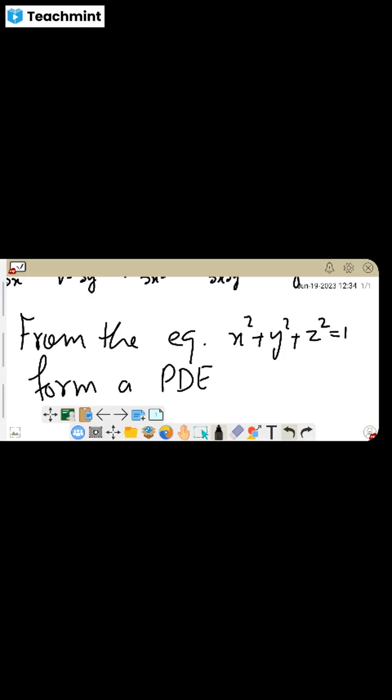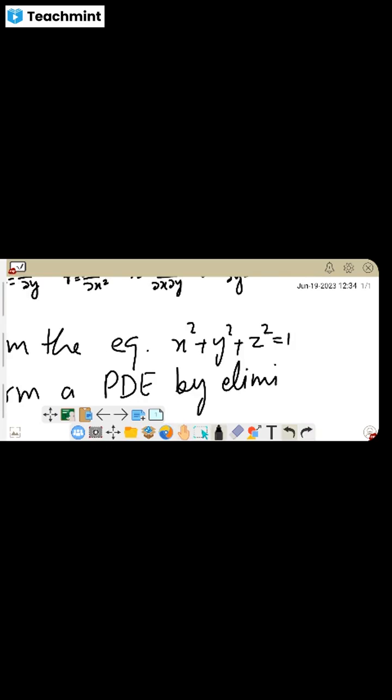They can give you in short form PDE. This is partial differential equation, by eliminating arbitrary constant.